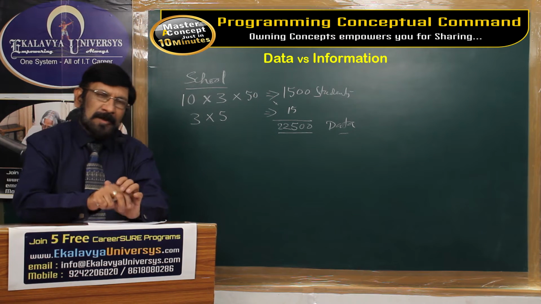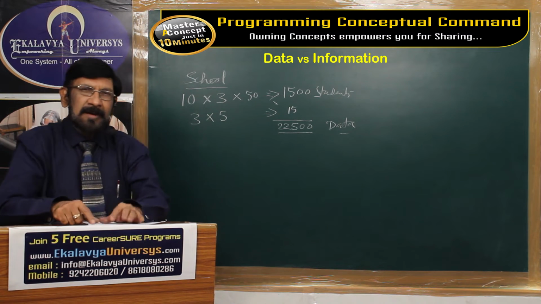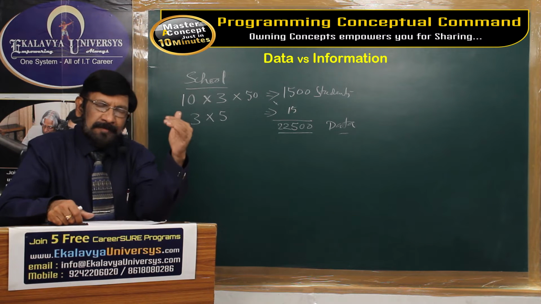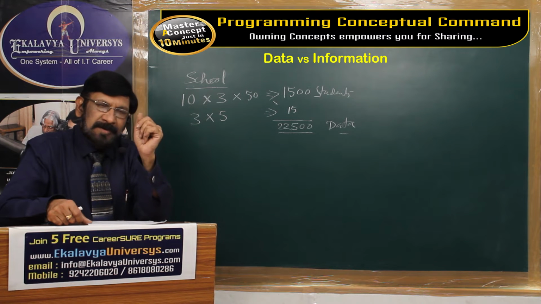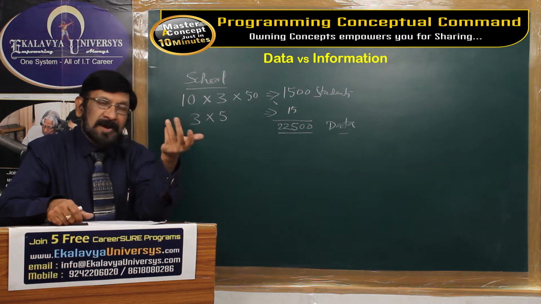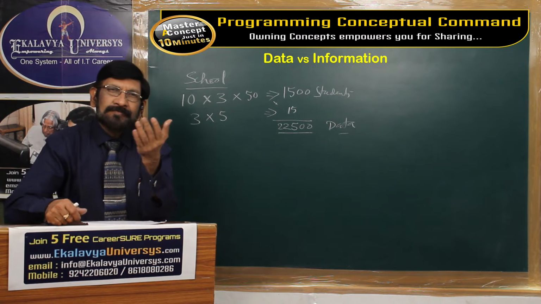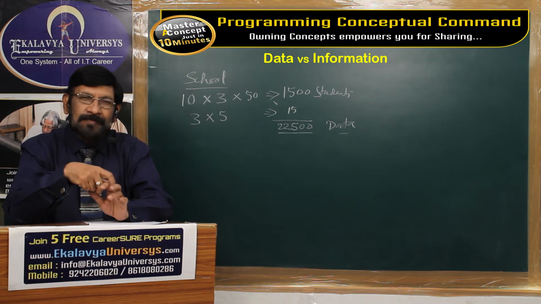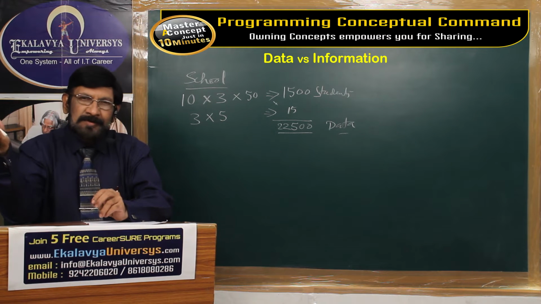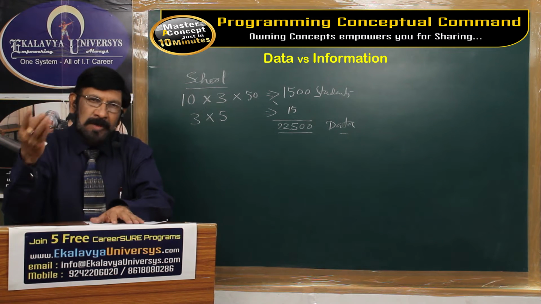Because of this analysis, they can identify some teachers are performing well, some teachers are performing average, some teachers are very weak. To improve the standards of the students, they can give incentives to the good teachers who are performing well. They give warnings to the average teachers to improve their performance.